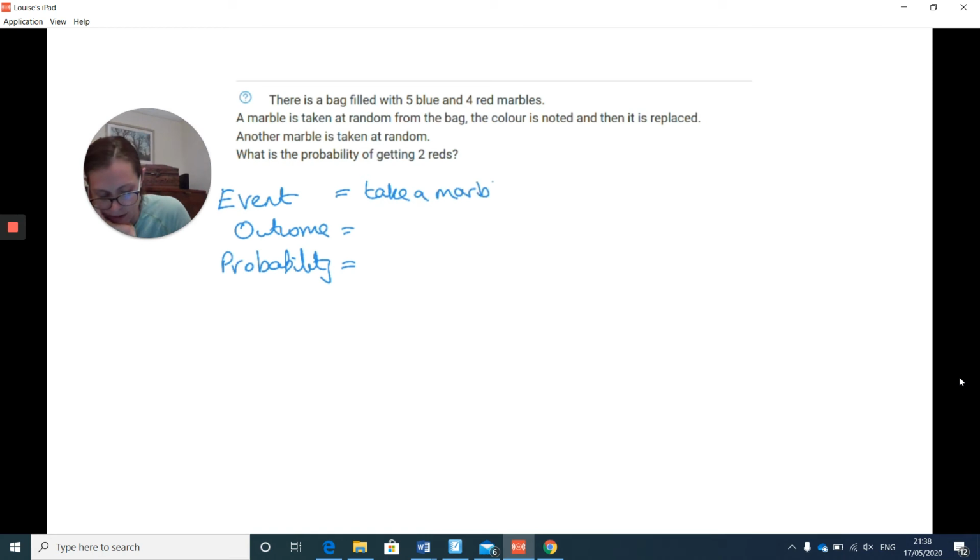Okay, so I take a marble from the bag, and what are my possible options? Well, I could get blue, or I could get red. And my probabilities for those, well, blue is 5 out of a possible 9 and red is 4 out of a possible 9. So when I take that first marble, that's what happens. I could get a blue or a red, and my probabilities are 5 over 9 and 4 over 9.